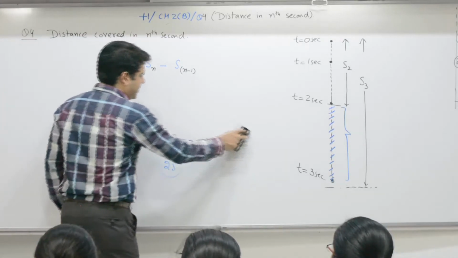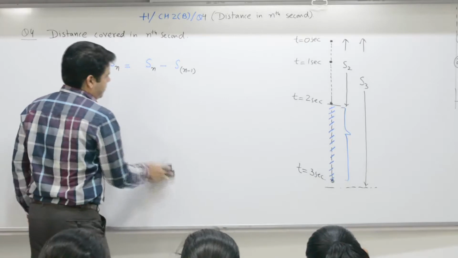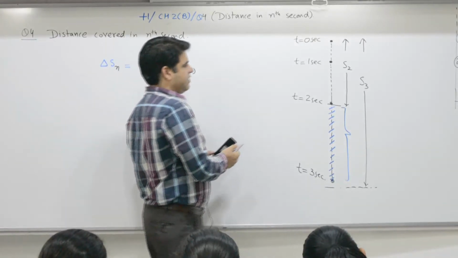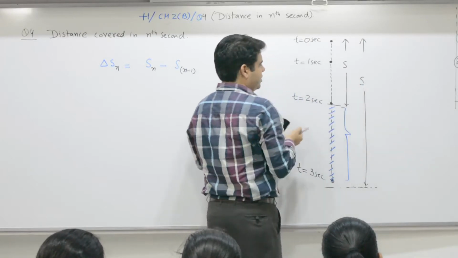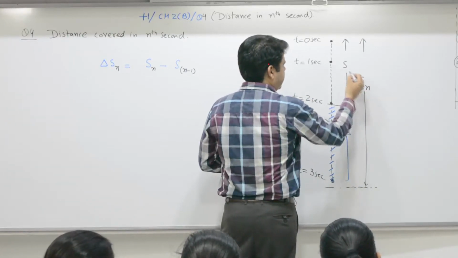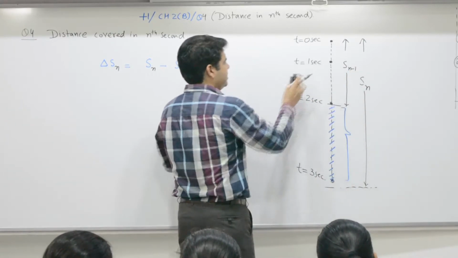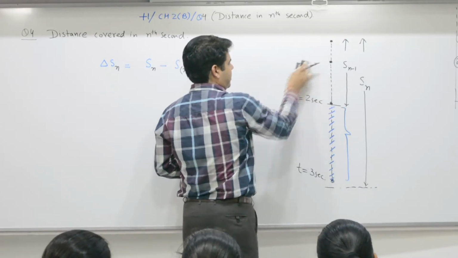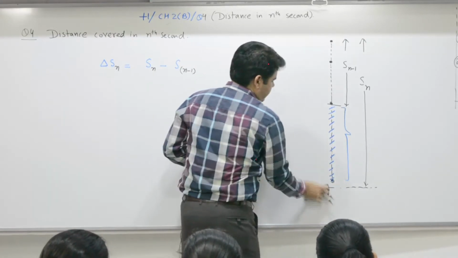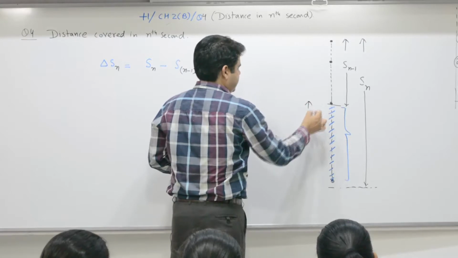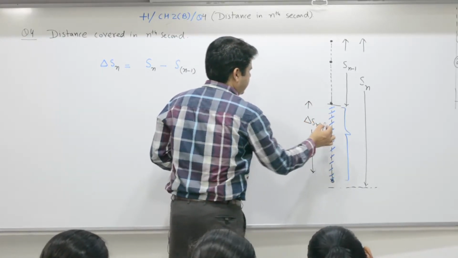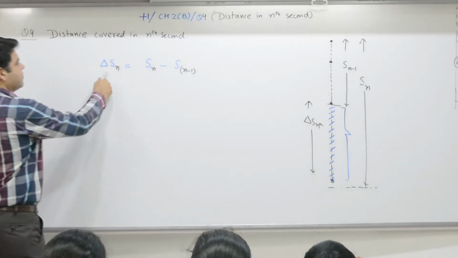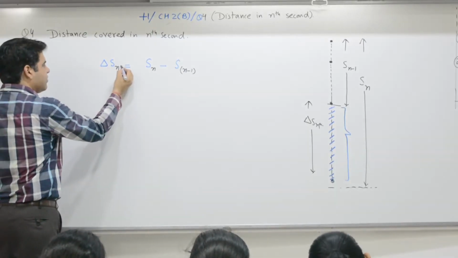So if we modify the given diagram, I call this Sn, this is Sn minus 1, and this is delta Sn, the distance covered in nth second. You can write delta Sn or S nth, whatever you want.